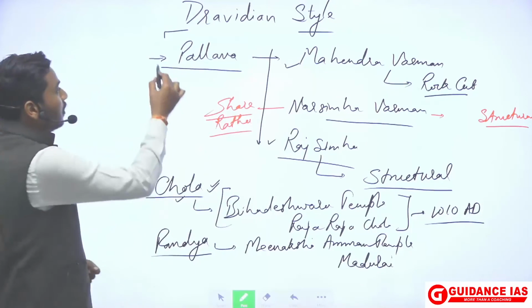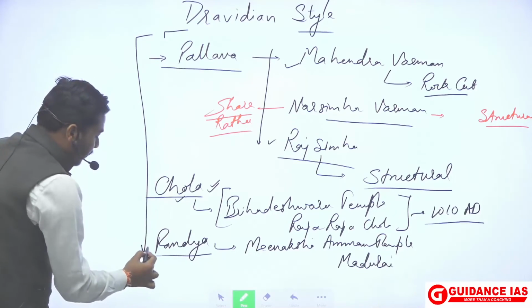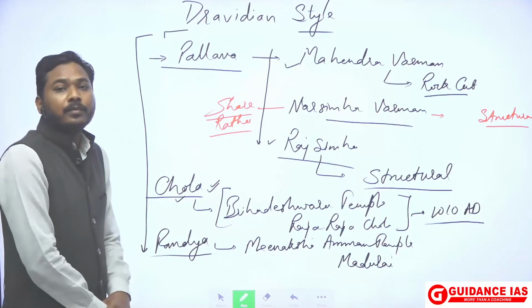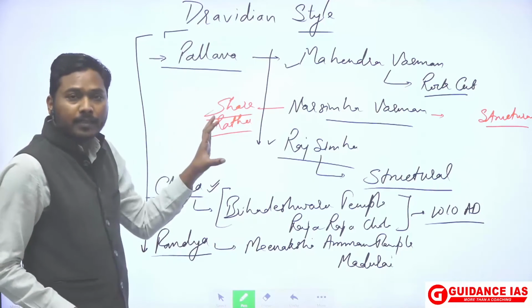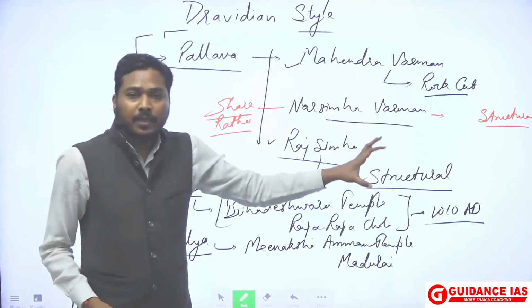Clear? So that is the evolution of the Dravidian style of architecture. Now, the Nagar style is completed, the Dravidian style is completed.